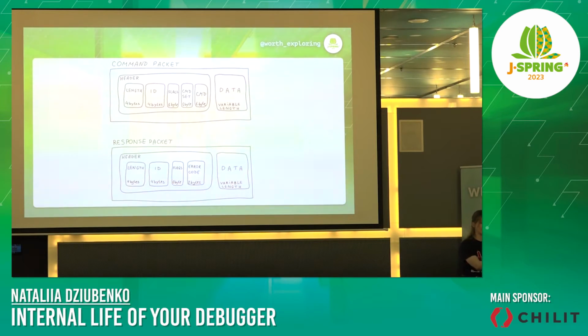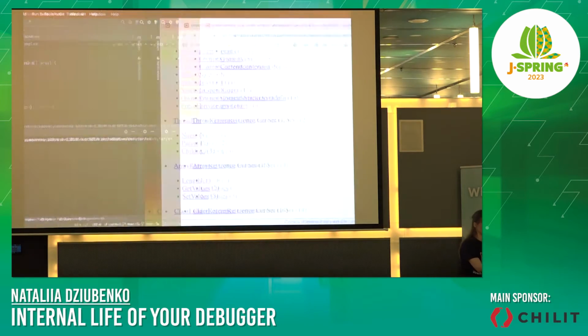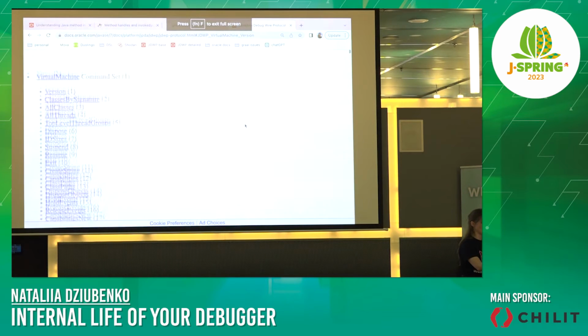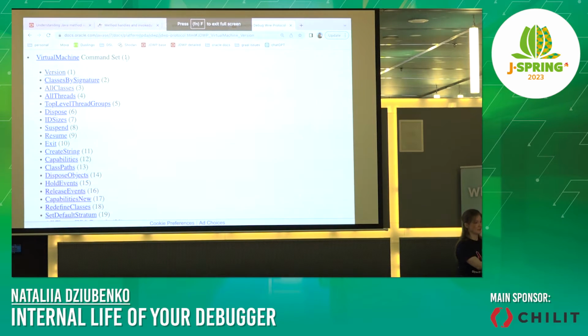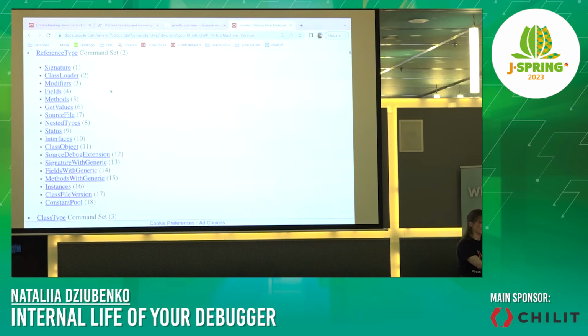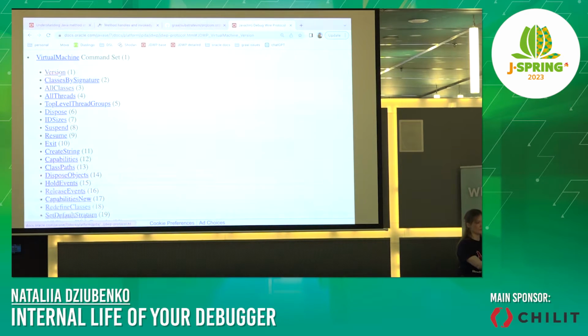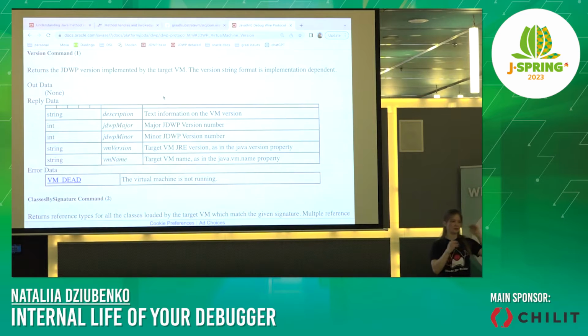There is big documentation in the Oracle docs which specifies: okay, command set 1, then command 1, 2, 3, and many, many commands that all have different purposes. Here you can see all the documentation on what data you should provide, because for some commands you need to provide data, and it can be very different types.